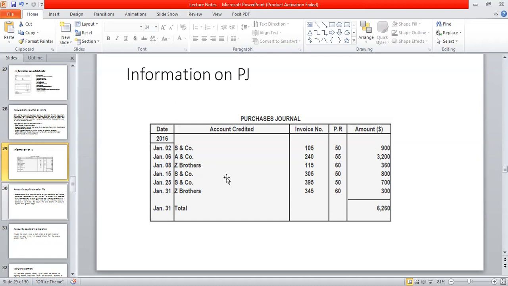January 6, invoice number 240, which is credited on account A and Company for 3,200, and so on. So this purchase journal will be used for the actual entering of the transaction into the company's accounting system.